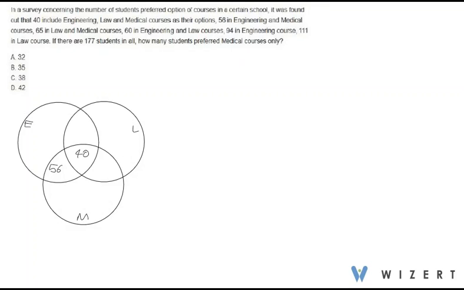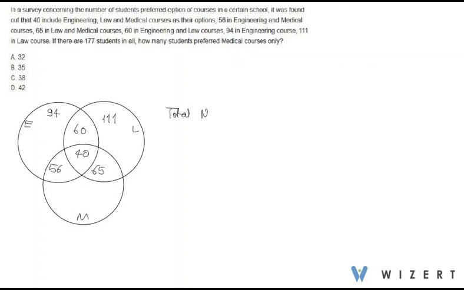Similarly, 65 in law and medical courses. So overlap of law and medical circle is representing 65 students, and overlap of engineering and law course is representing 60 students. 94 in engineering course. So 94 students are represented by entire engineering circle, and 111 in law course, and 111 is represented by entire law circle.